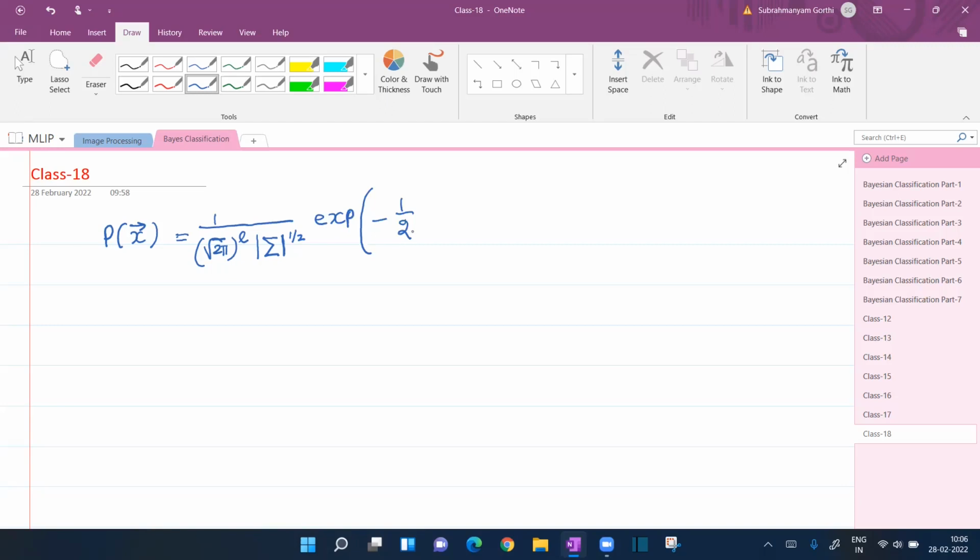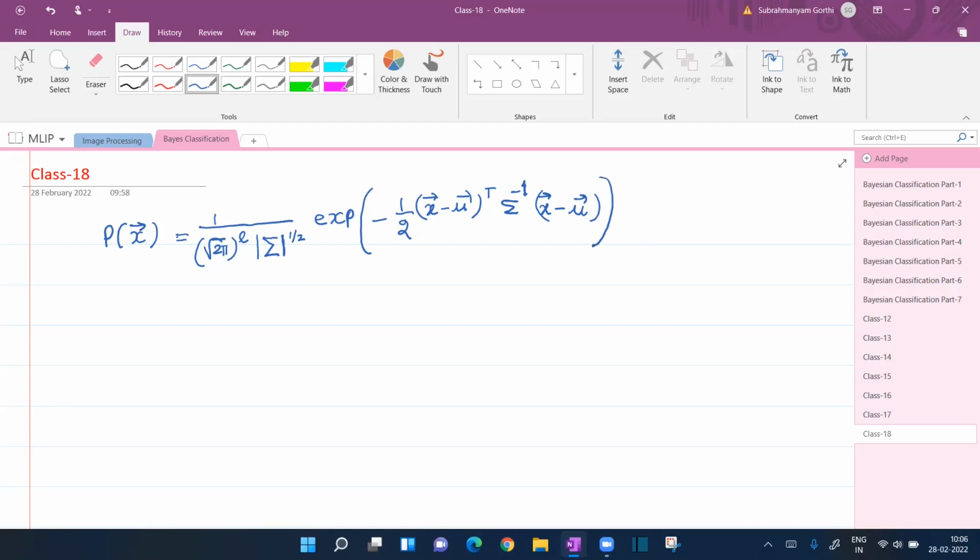Well, again, just to get an intuition, the quantity inside your exponential is a scalar quantity: x minus mu whole square by sigma square. Now you write it as x bar minus mu bar whole transpose, into, since sigma square was in the denominator, now you are bringing it to the numerator as a multiplication, so that will become the inverse of your covariance matrix, into x bar minus mu bar.